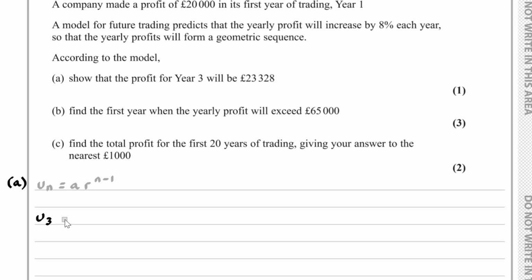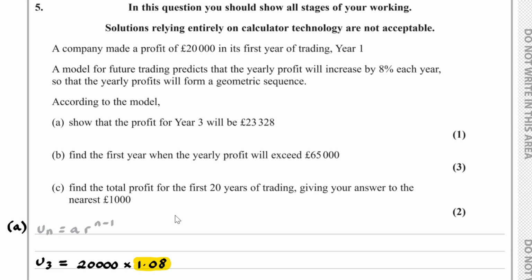And this is equal to 20,000, A is 20,000, multiplied by 1.08, of course, the 1.08 is due to the increase by 8% each year.